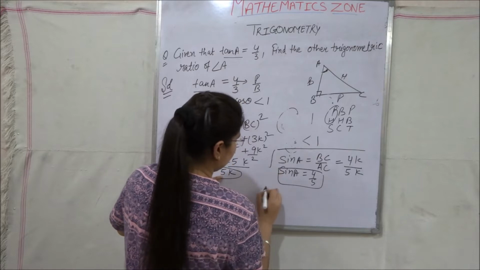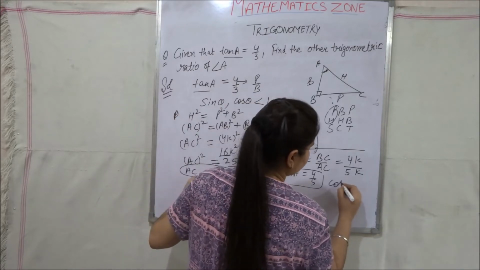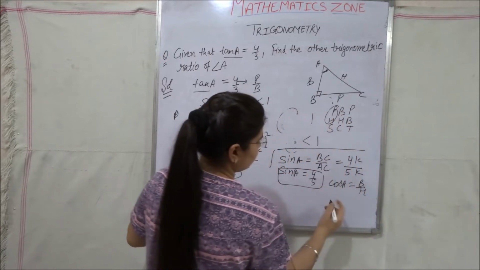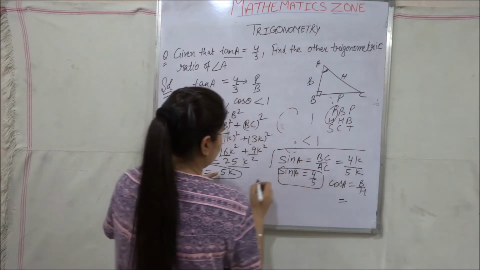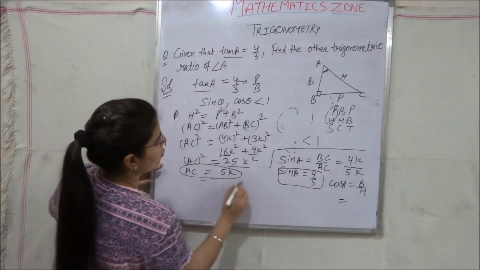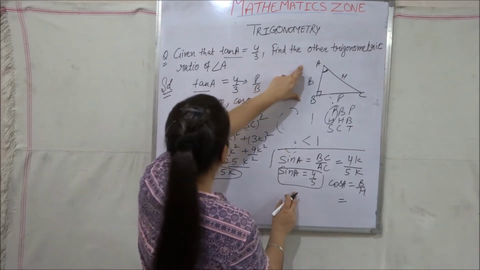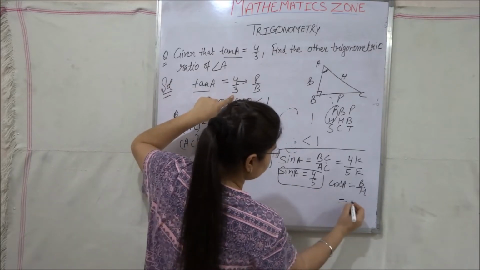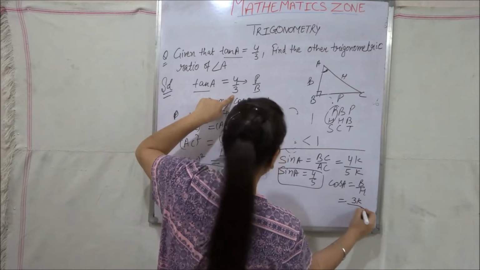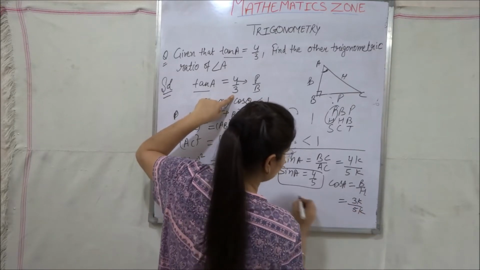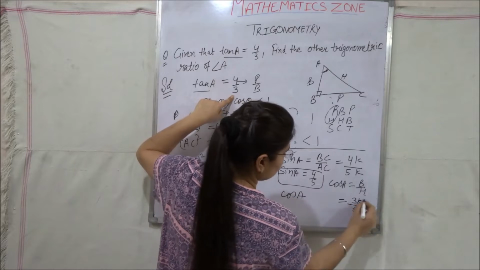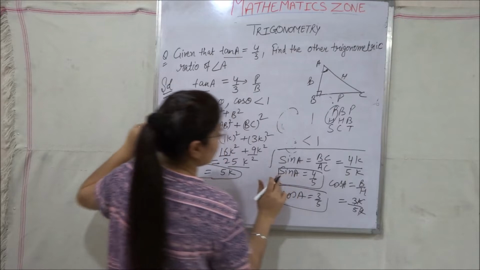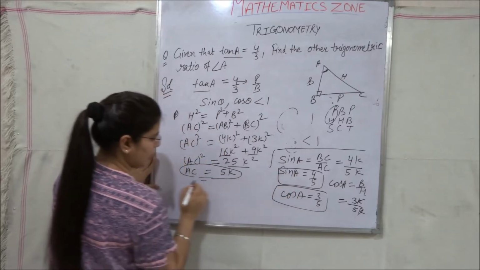In a similar way, we can find the value of cos A, that is B upon H. The value of base, that is AB, is 3k and hypotenuse is 5k. So cos A is 3/5. So we have found two trigonometric ratios.